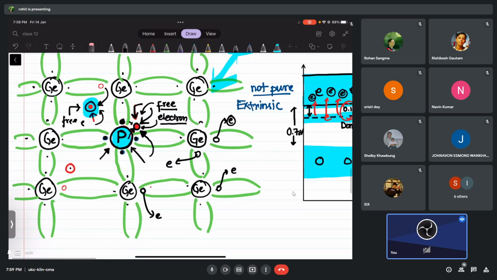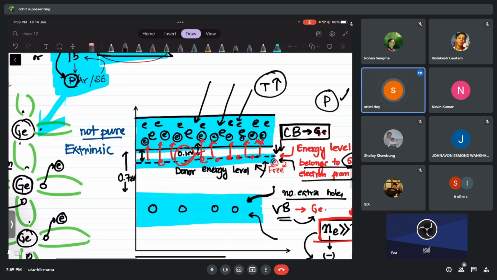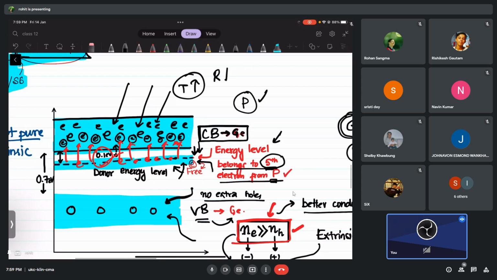Because electrons are gaining what, guys? Thermal energy, and there will be lots and lots of them. So now you think and tell me, is this semiconductor becoming a bad conductor or a much better conductor when temperature increases? Better conductor. That means resistance increases or decreases? Decreases. When something becomes a better conductor, that means its resistance is decreasing.